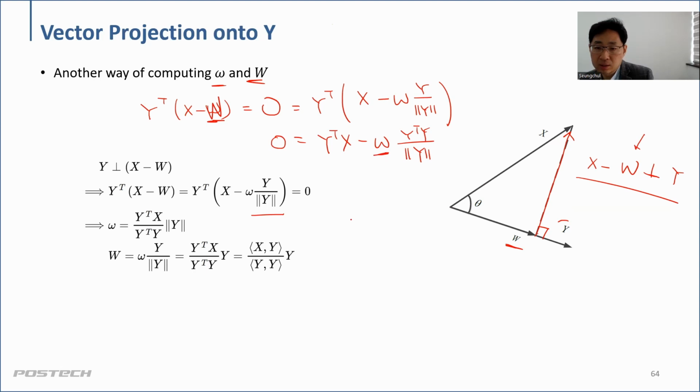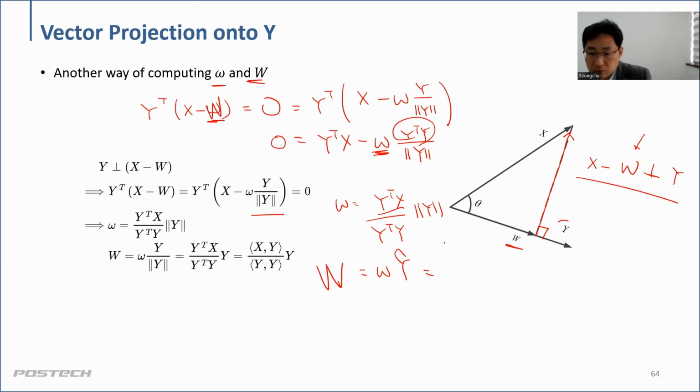Then we can compute omega: it is y transpose x divided by y transpose y. And again, w is omega times y hat.